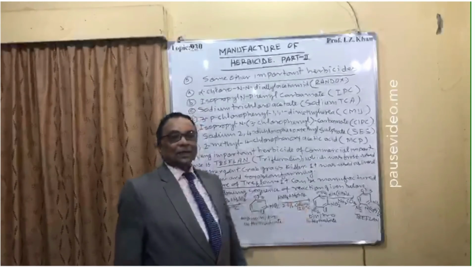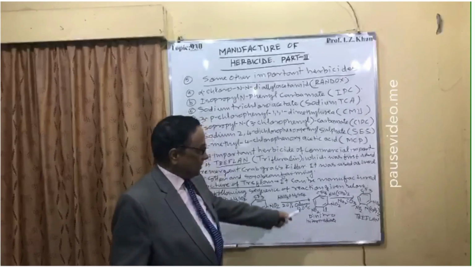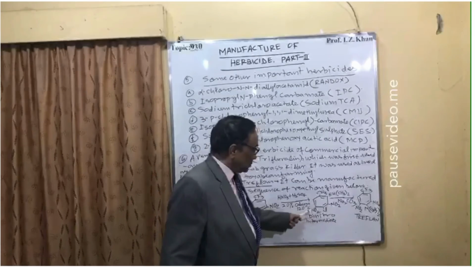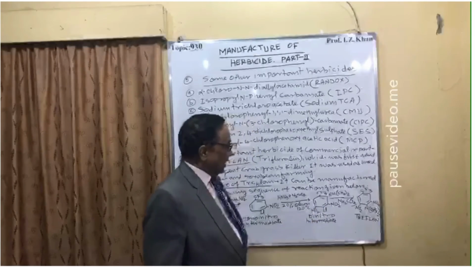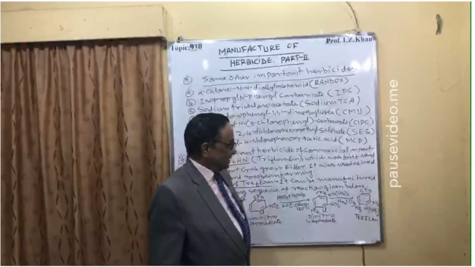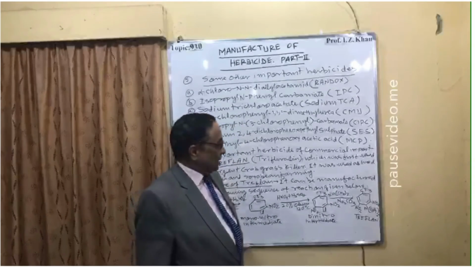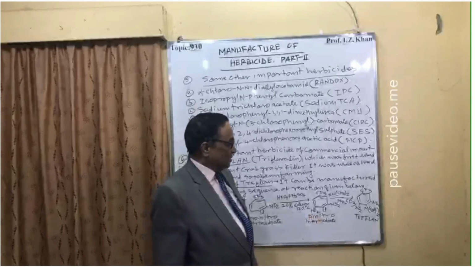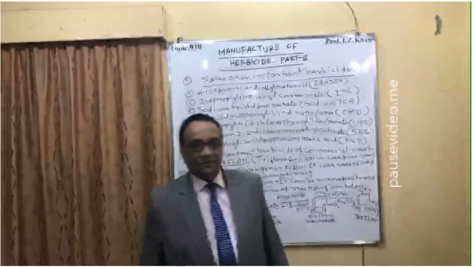It will give the dinitro intermediate. Two nitro groups will be introduced, and then it is treated with NH(C3H7)2, Na2CO3, and finally it is converted into Triflon.